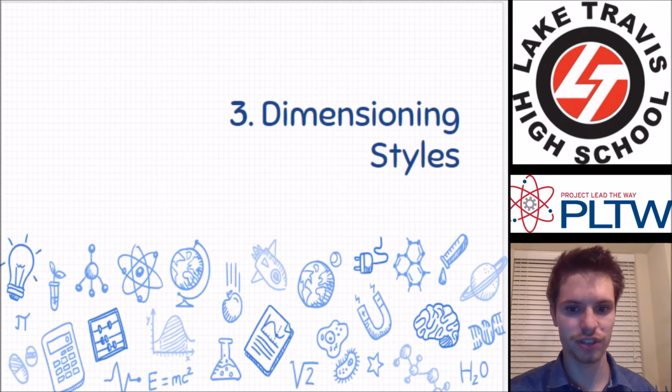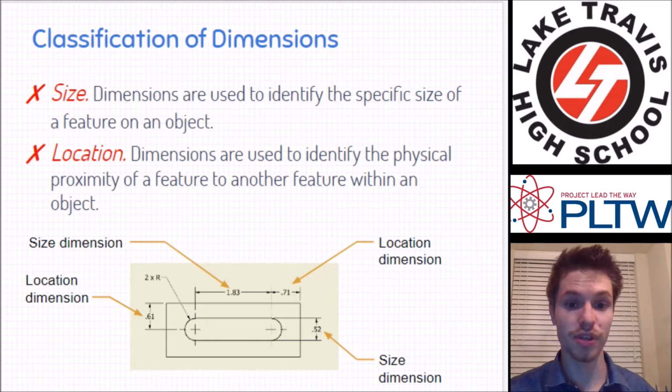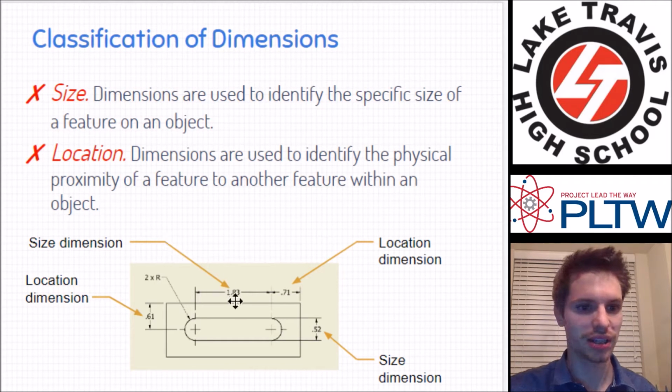So let's talk about some different dimensioning styles here. Before that, I should mention there are two different types of dimensions. There's a size dimension and a location dimension. So this is a size dimension. It's telling me how big this product is, and then these are locations telling me where exactly the hole is located.